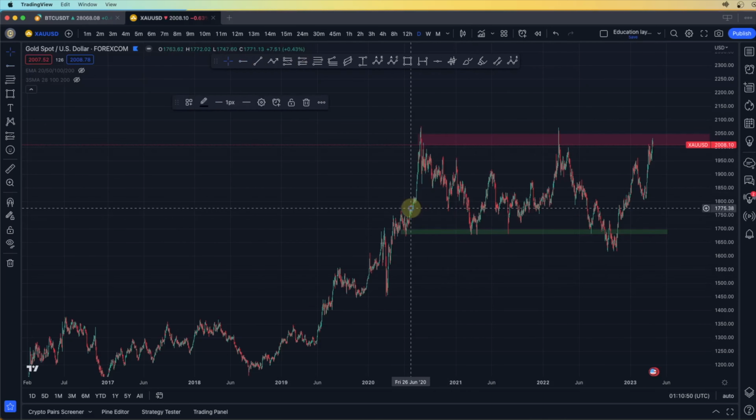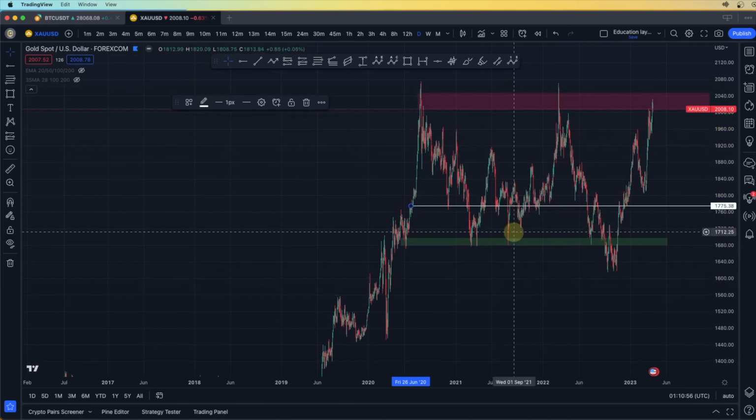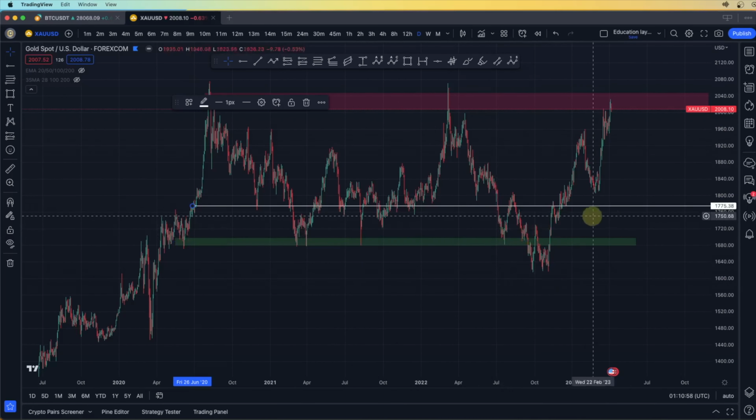We're going to change the color to white. Still this area is important, but it's not as important as this area, because the market is mostly ranging under this area.